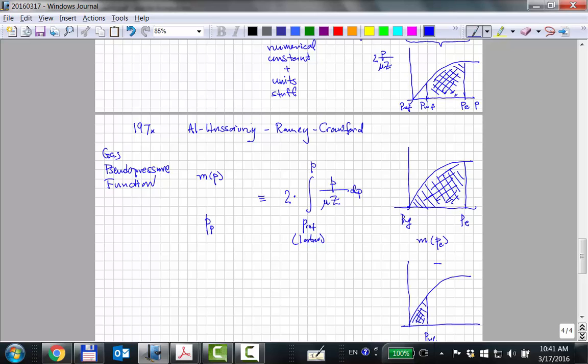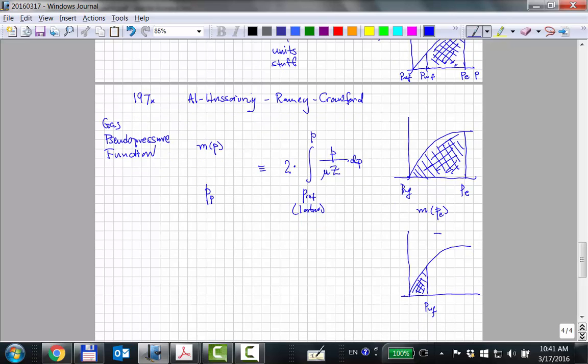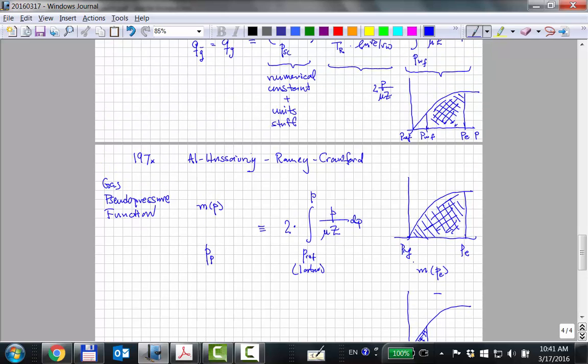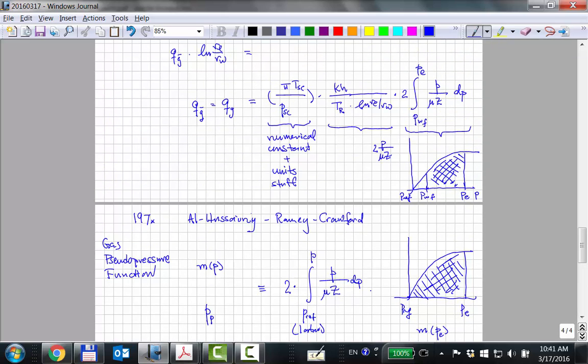Because this little area down here, you're getting rid of it there. Okay, so if we subtract, this is M of PWF, the area for PWF. This is the area for PE. And if you take the difference in the two areas, then you get this integral that you want.